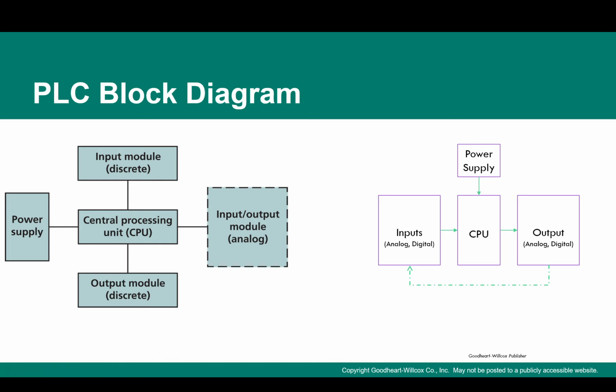It's very important that you understand these block diagrams, and you can be asked to draw it. What is a PLC block diagram, in your exams and tests. So make sure that you are very clear and able to draw such block diagrams.